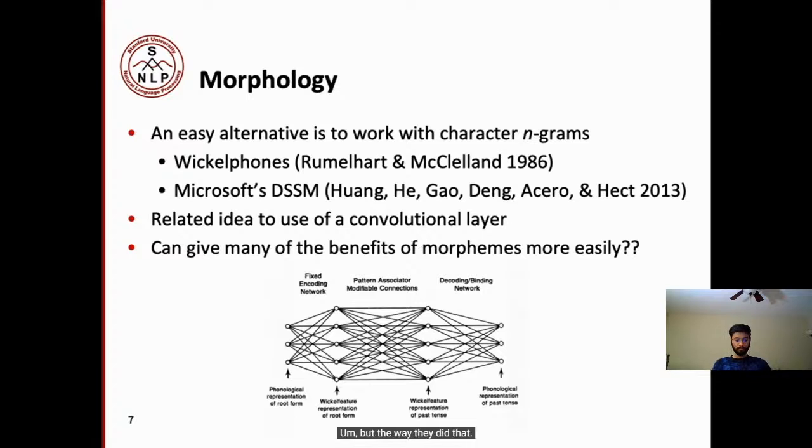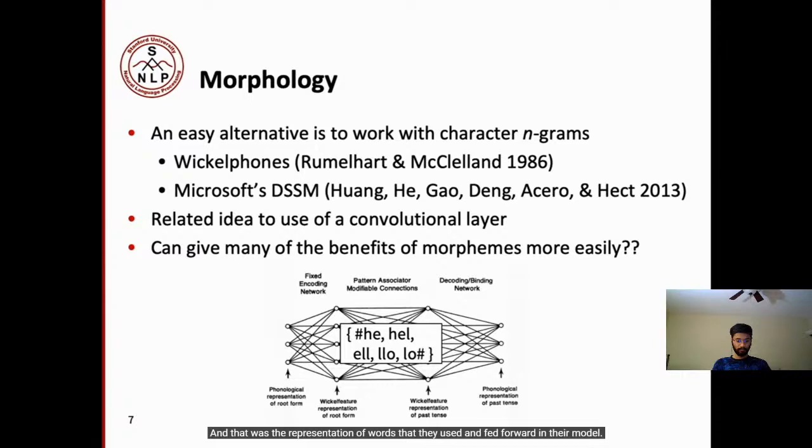But the way they did that, partly because this was early days with respect to sequence models, is that they used a representation where they represented words precisely with these character trigrams, and that was the representation of words that they fed forward in their model. And that idea was met with a lot of controversy by linguists, philosophers, and other people with their ideas of language, so there was a lot of debate in those days about that.